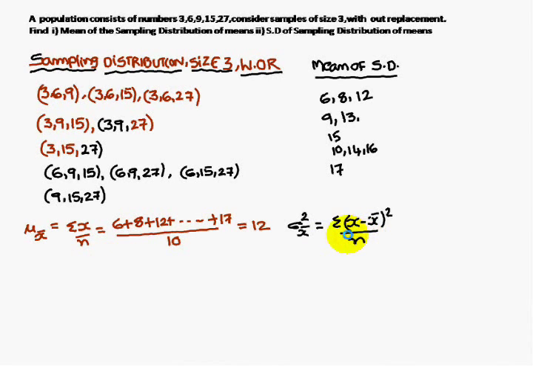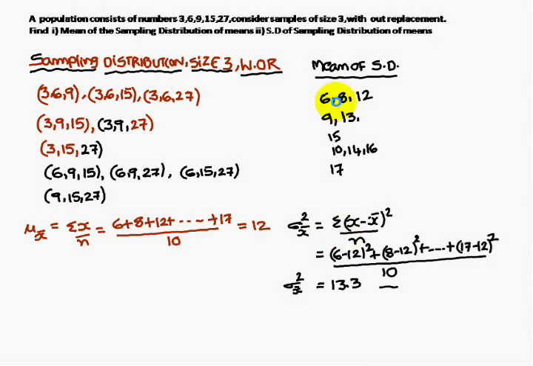Similarly, we find the variance: 6 minus 12 whole square, 8 minus 12 whole square, 12 minus 12 whole square, and so on, 17 minus 12 whole square, by 10. If you do the calculation, you get 13.3 as the variance. Therefore the standard deviation is the root of 13.3, that is 3.651.